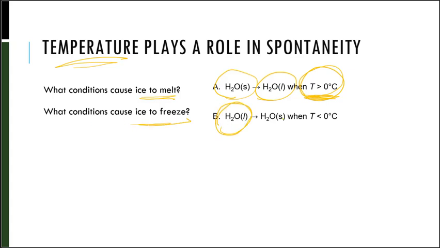If I need to go from liquid water to solid water, I need temperature to be less than 0 degrees. So notice going from solid to a liquid, my delta S is positive, but I need a higher temperature for that to be spontaneous. And here I have liquid to solid, so my delta S is negative, but I need a lower temperature in order for that to happen.